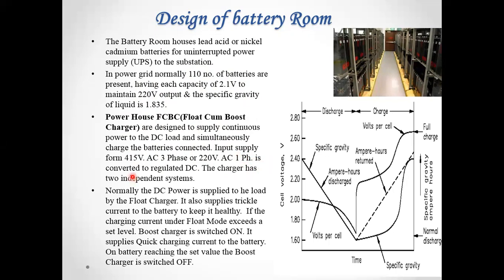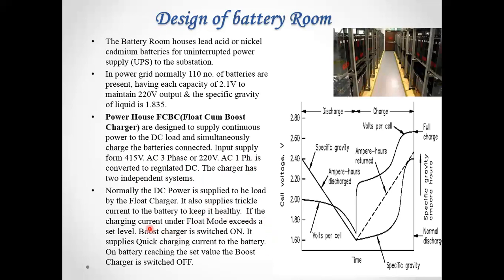This is converted to direct current, that is regulated DC, and the charger has two independent systems. The DC power is supplied to the load by the float charger, and it supplies current to the battery to keep it healthy.